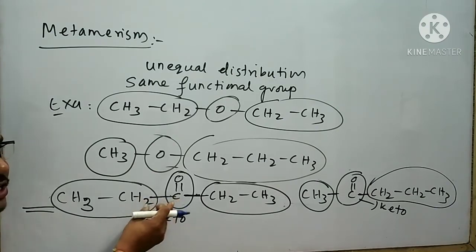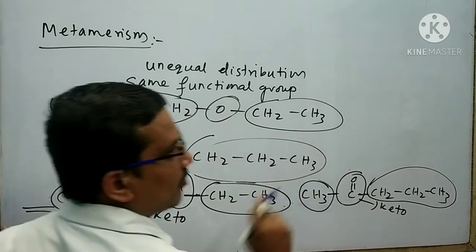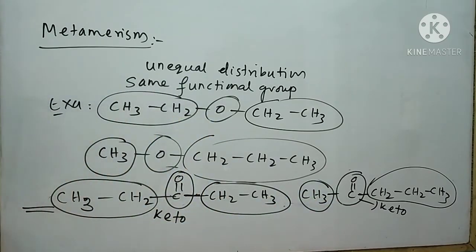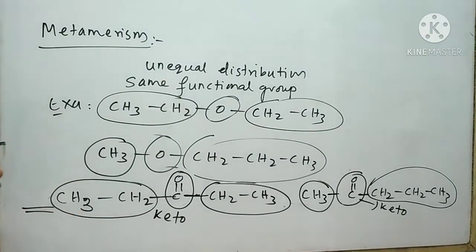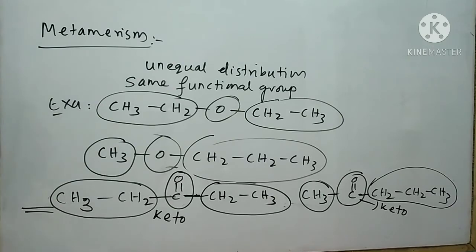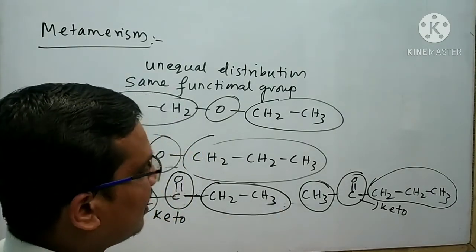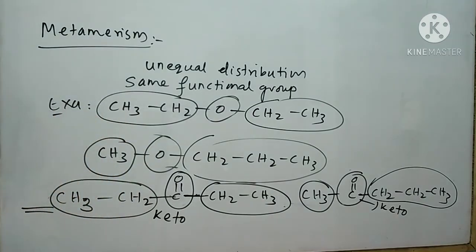That means the distribution of carbon atoms on either side of the same functional group, in compounds belonging to the same class, is different. So these two compounds are said to be metamers of each other.